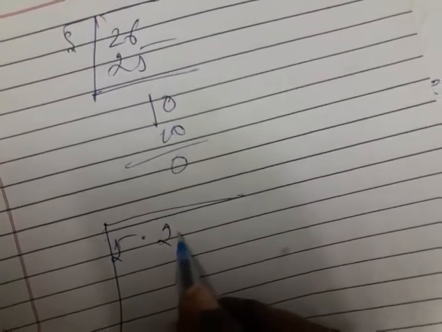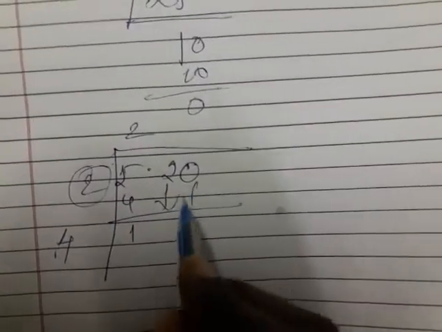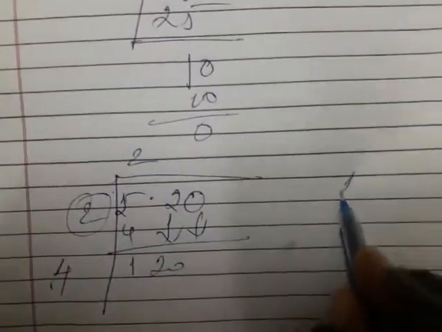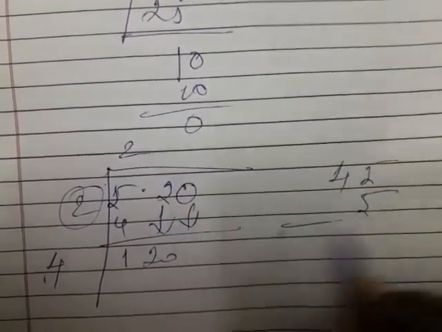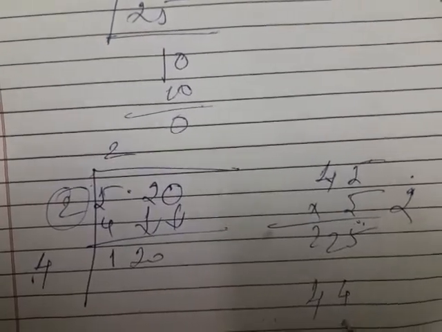For 5.2, the 2 digits you have to drop down now. 2 twos are 4, the remaining is 1. Now double it, which gives 4. Next drop down 2 digits. Try 45 times 5: 5 fives are 25, remaining 22, that is more. So try 44 times 4: 4 fours are 16, remaining 17, it won't come.